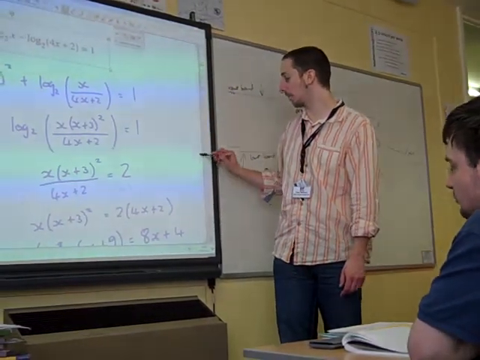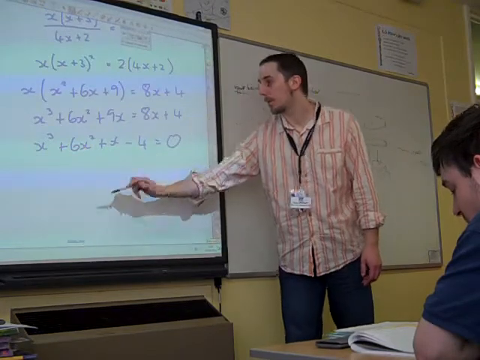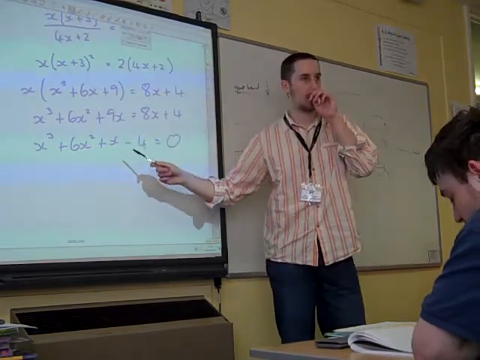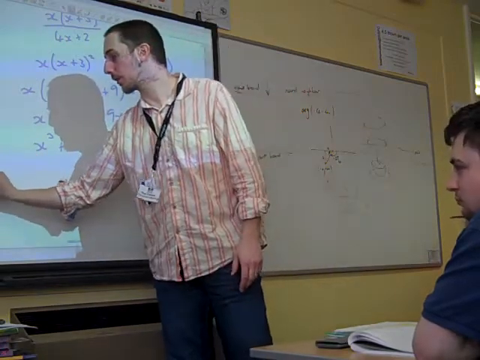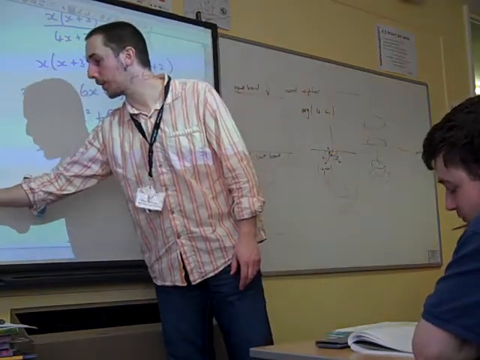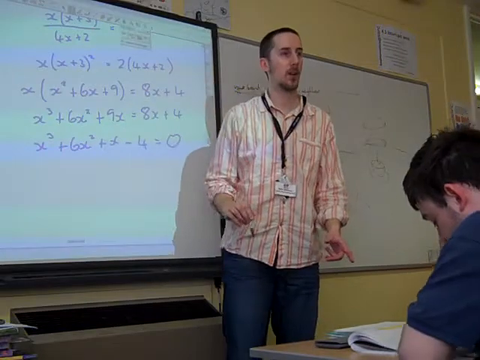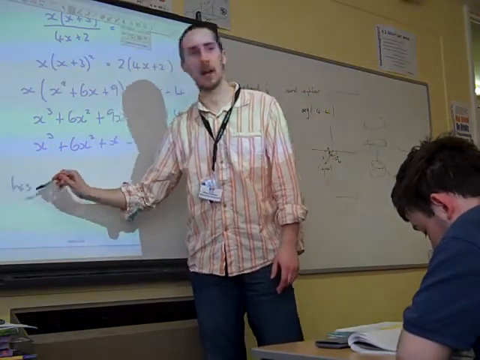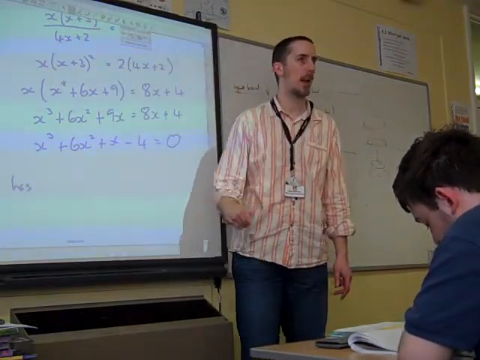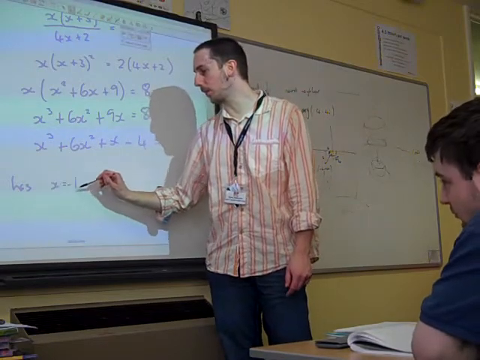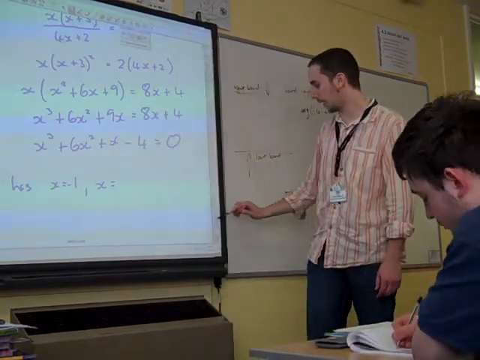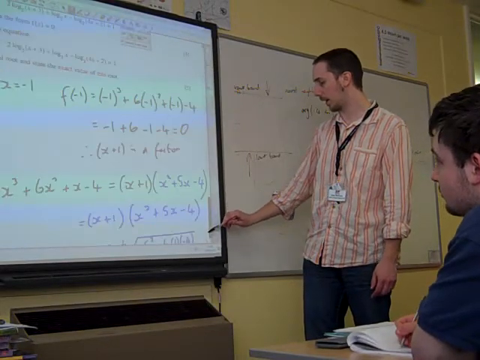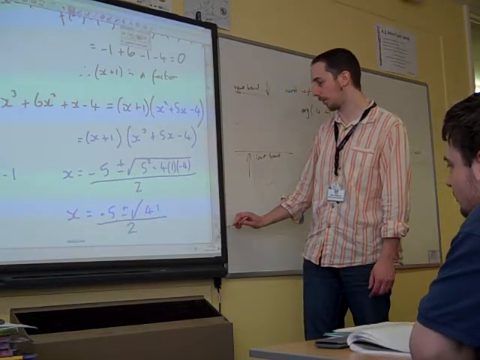Okay, well hang on. Why it has one real root? Let's remember this equation, which was f of x equals 0. This is the last part of that question. That equation has 3 roots, doesn't it? It has the roots x equals -1, and x equals, what did we have as that value? -5 plus or minus root 41 over 2.